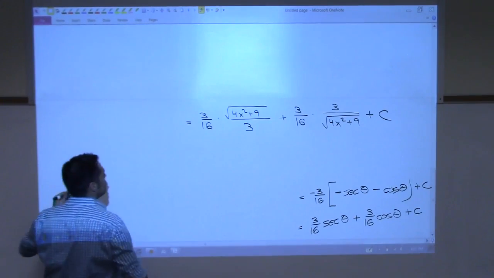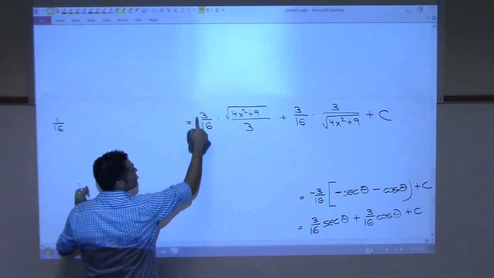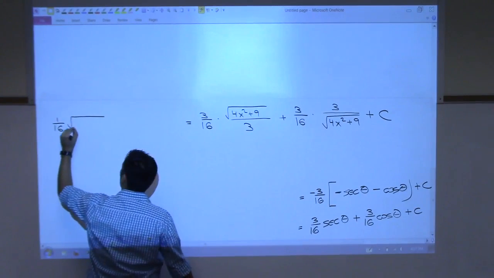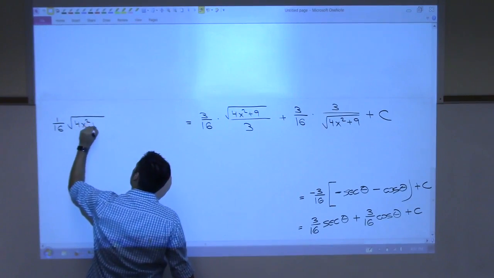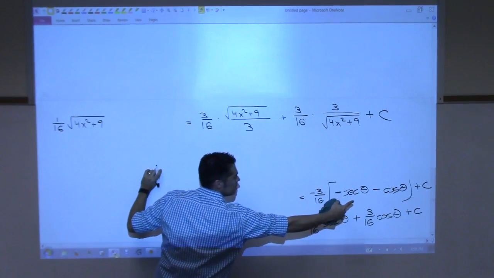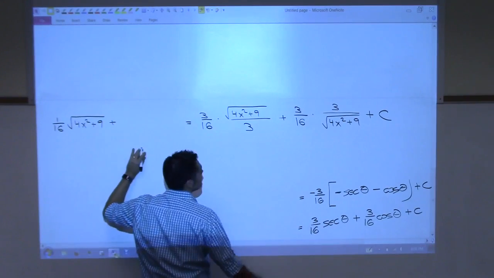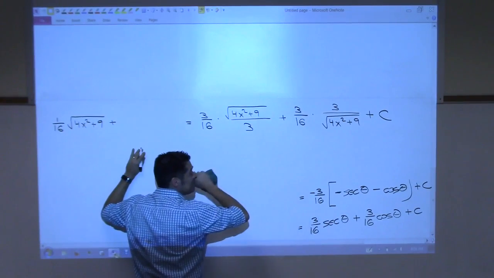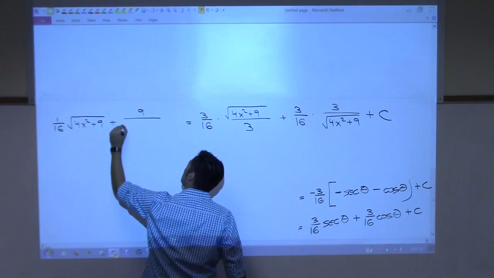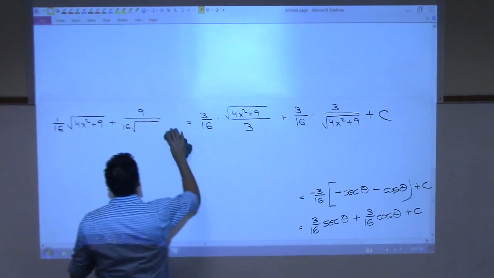My final result is 1/16, because these 3's cancel. Square root is what? I think the negatives went away back here when we distributed the negative through. Right here, negative right here. And then plus what? 9/16, right? So can I write it this way? 9 over 16 roots of, well, better yet, I'm going to write it this way.